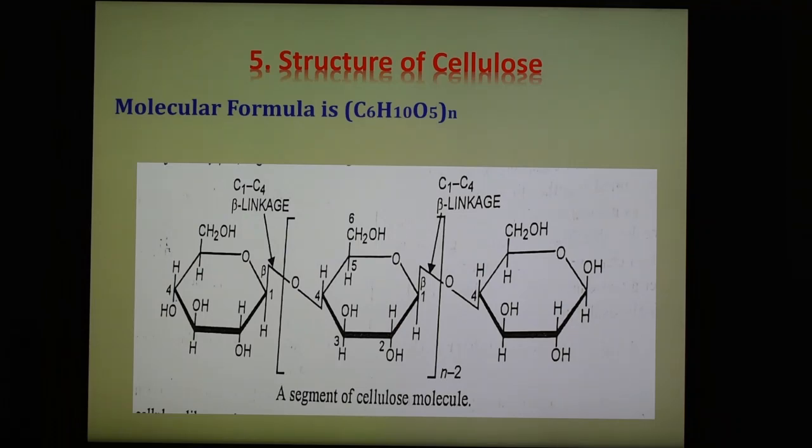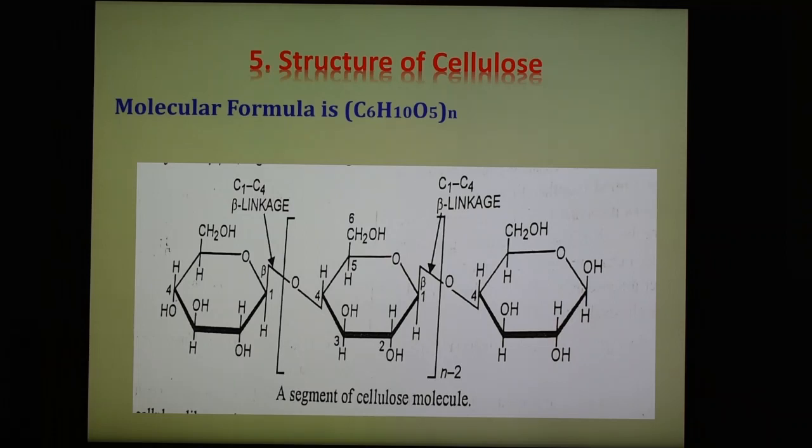The formula of cellulose is (C6H10O5)n, and this cellulose is a very important compound, and the nature of monosaccharides is there also.